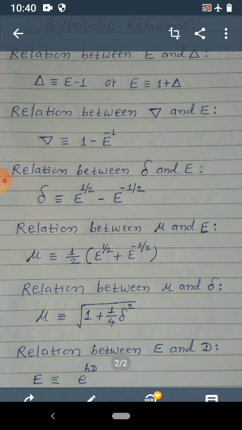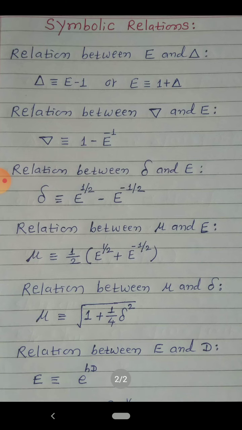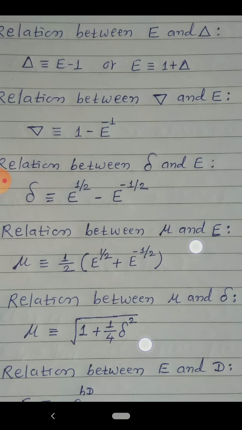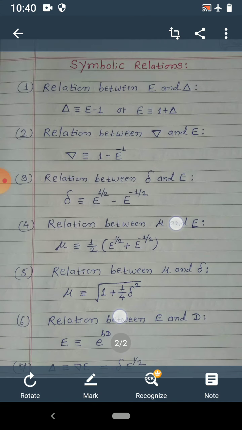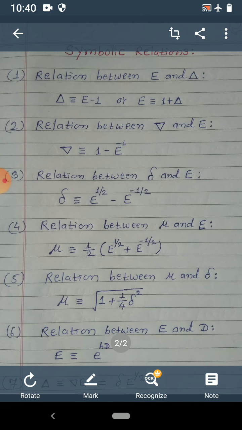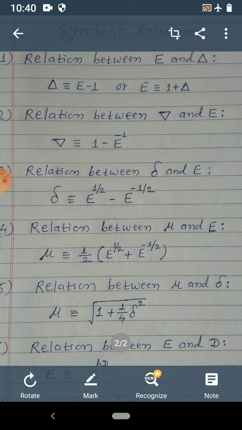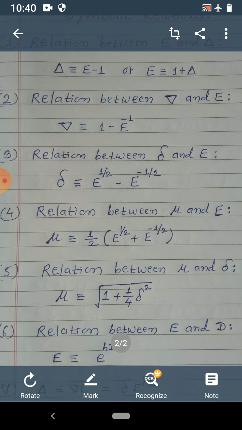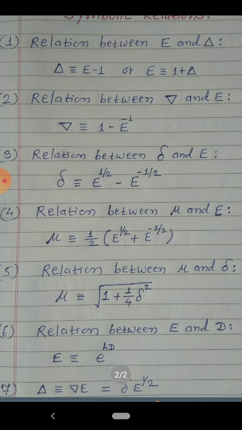And using these two relations, we can obtain the relation between operator mu and delta. This is the fifth relation, and it comes to be mu is equivalent to square root of 1 plus 1 by 4 delta square. This is the relation between operator mu and central operator delta.